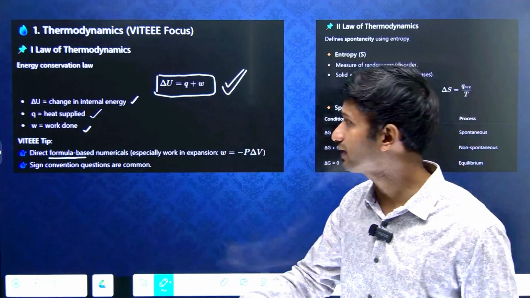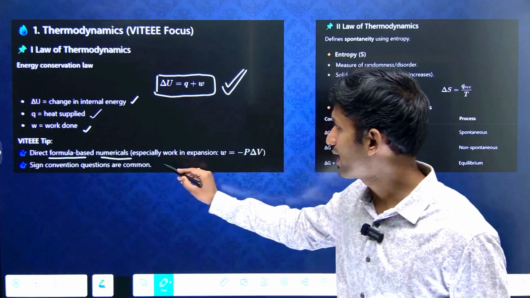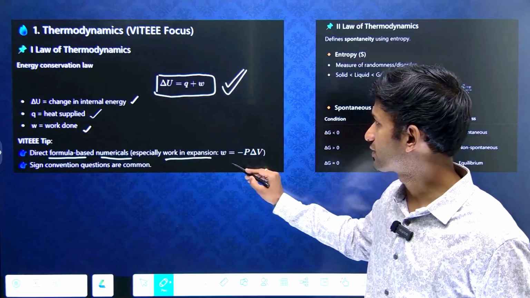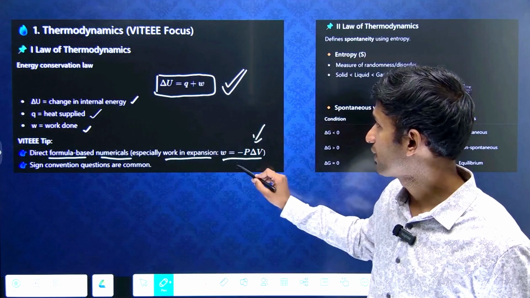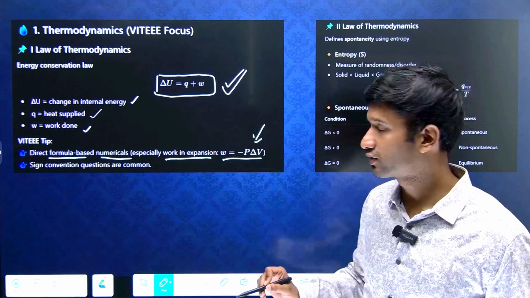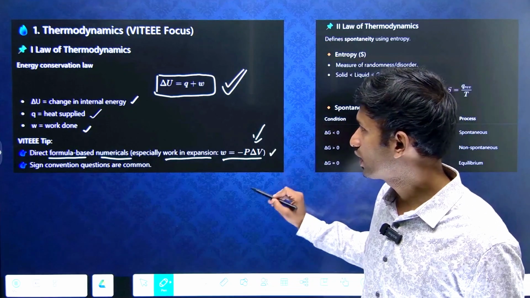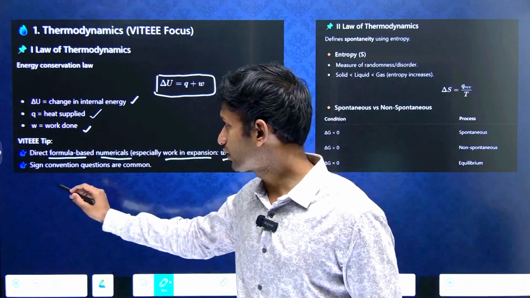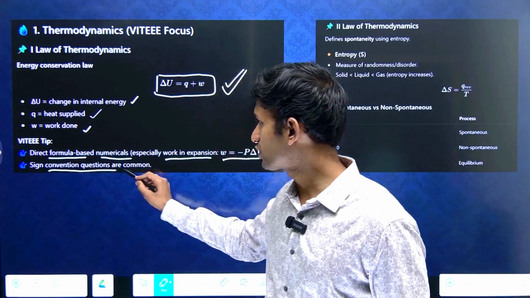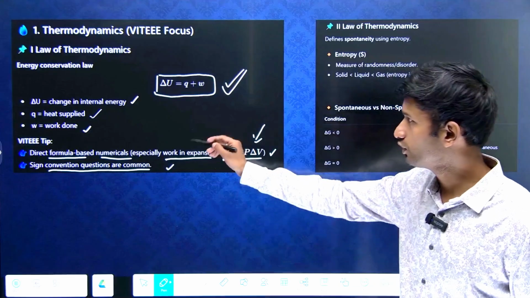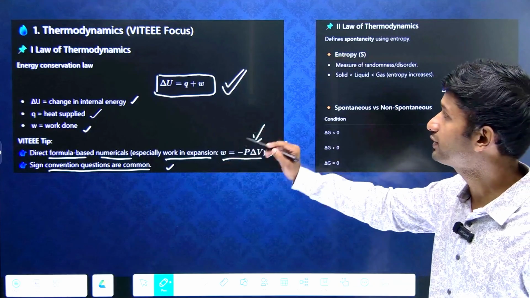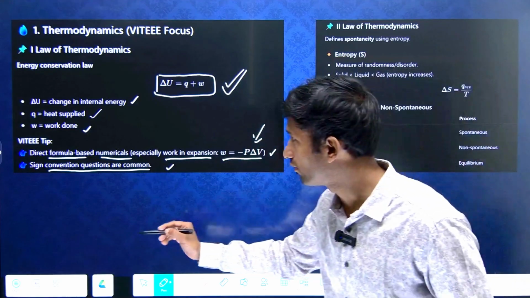Direct formula-based numericals, especially work in expansion, which is represented by the formula W equals minus P delta V. You can learn and remember this. Sign convention questions are very common. These are important points to keep in mind.